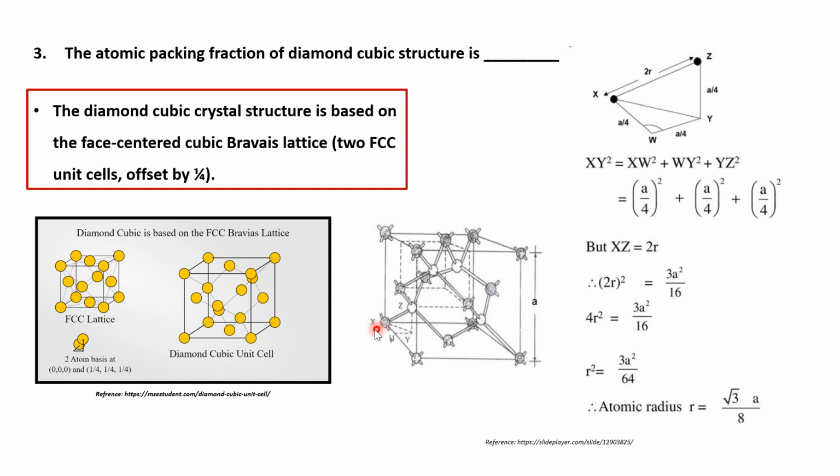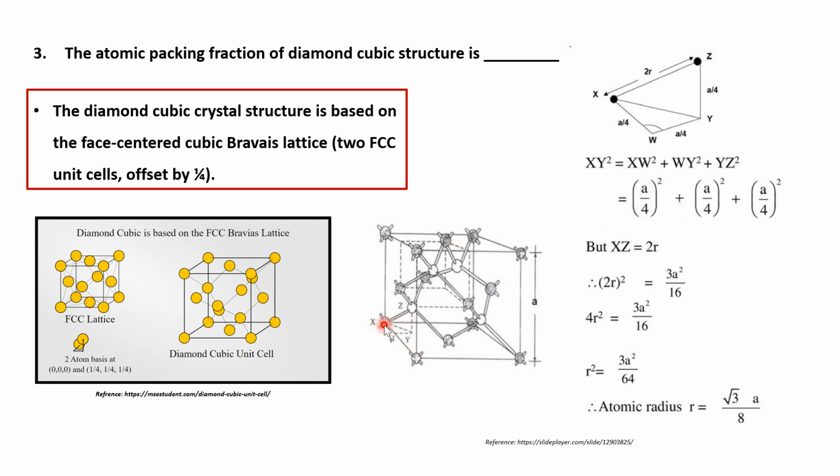So from Pythagoras theorem, XY square will be equal to (A by 4) the whole square plus (A by 4) the whole square. Therefore, this is 2 times A square divided by 16. So we got XY.